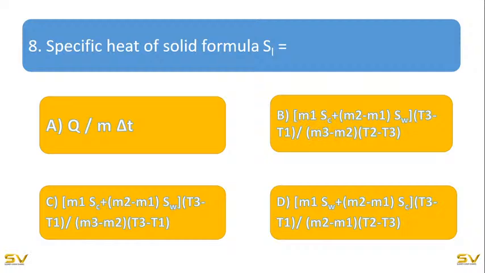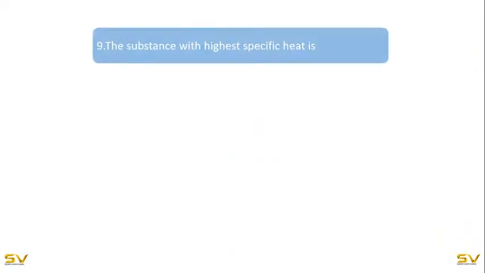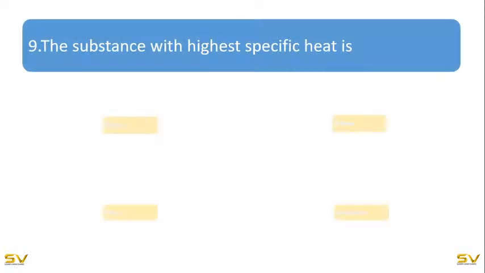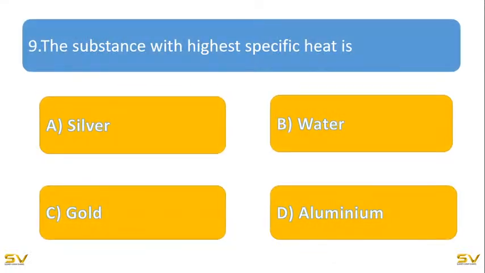We need to find the formula for it, it is an experiment. So M1 SC plus M2 minus M1 into SW into T3 minus T1 by M3 minus M2 into T2 minus T3.